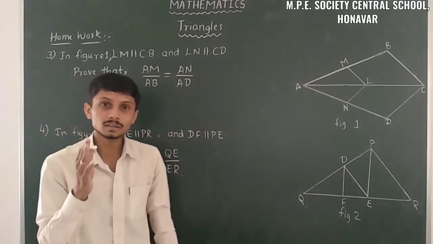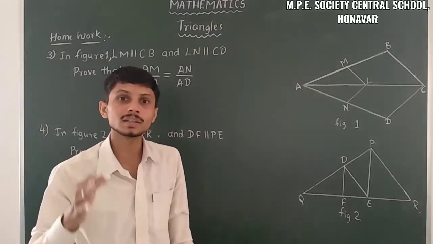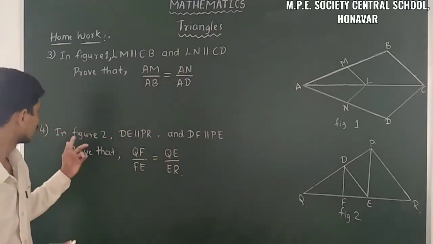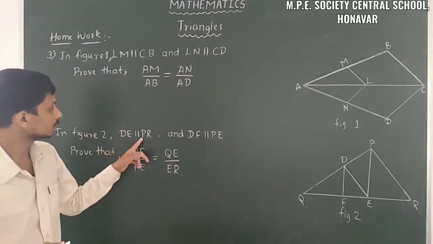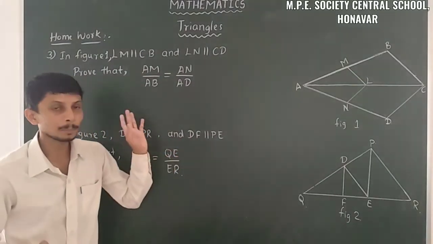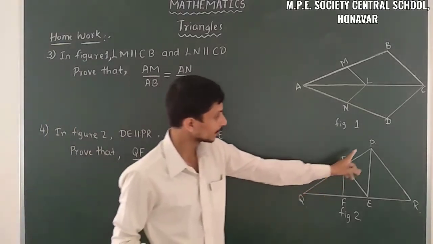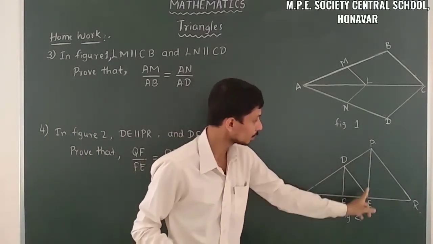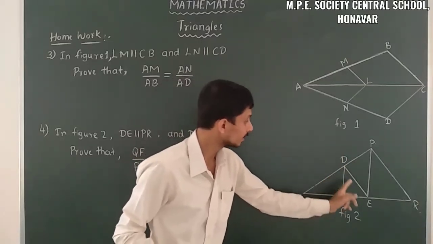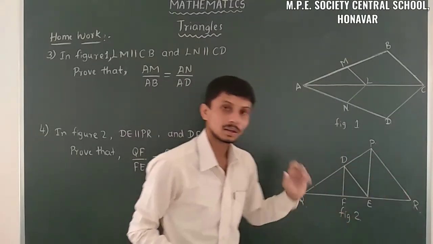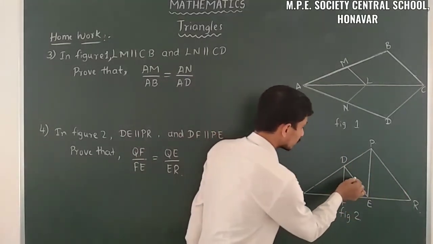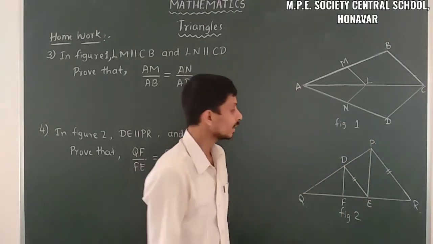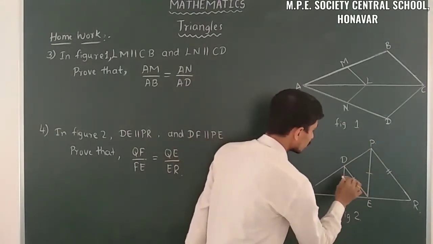Firstly, you have to recognize what the possible triangles are. In figure 2, DE is parallel to PR and DF is parallel to PE. That is, this one is parallel to this side and this is parallel to this side.